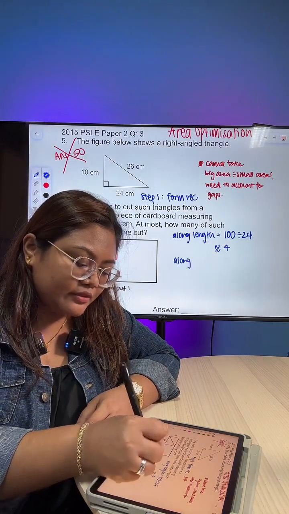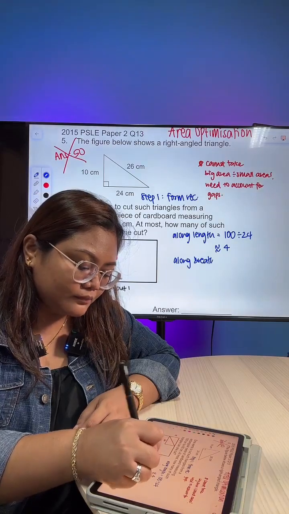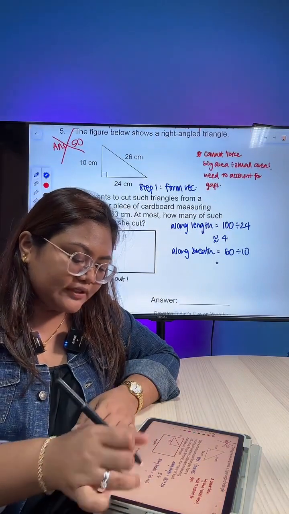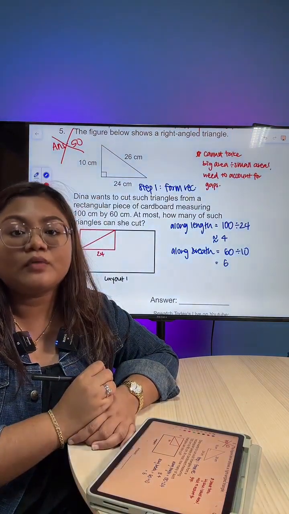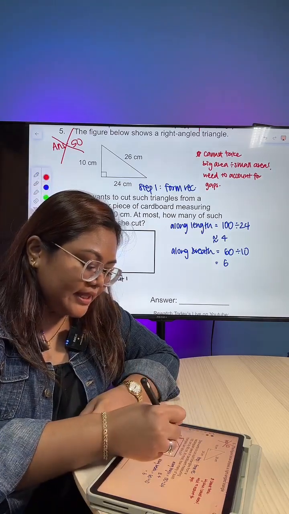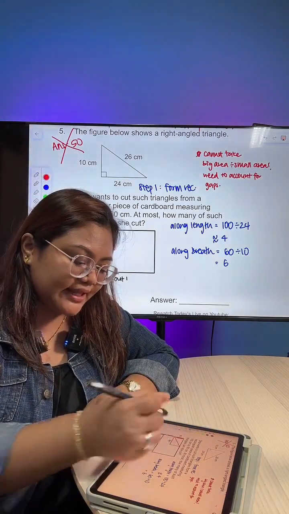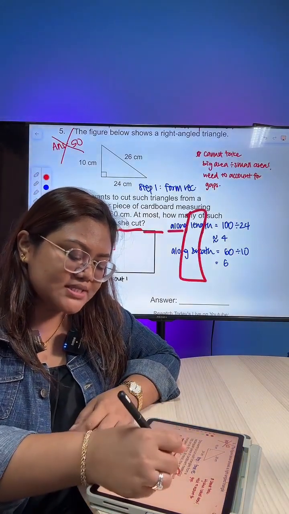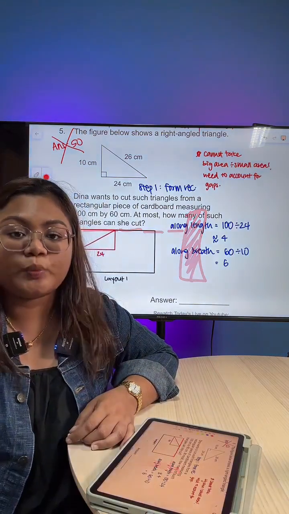Then along the breadth, I can have 60 divided by 10 to give me 6. So I can have 10, 10, 10, 10, 10, 10, which is 6 of them, and 24, 24, 24, 24 with some balance, a small strip of paper I throw away.